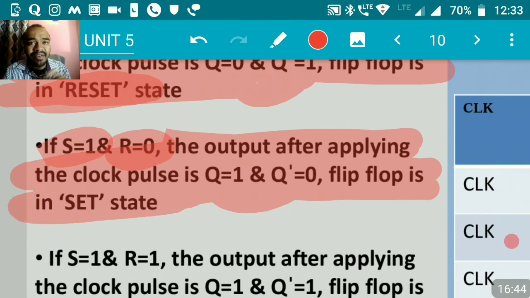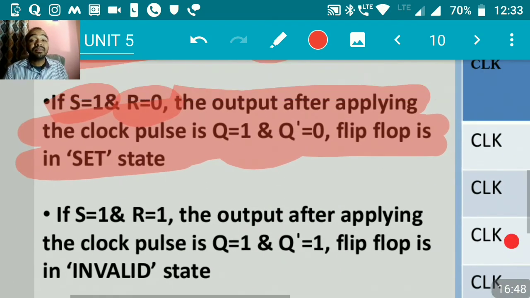So here, if my set input is equal to 1 and the reset input is equal to 0, the output after applying the clock pulse, and mentioning the clock pulse here is very, very important, is Q equal to 1 and Q bar equal to 0, and this state of the flip-flop is what we call the set state of the clocked RS flip-flop.